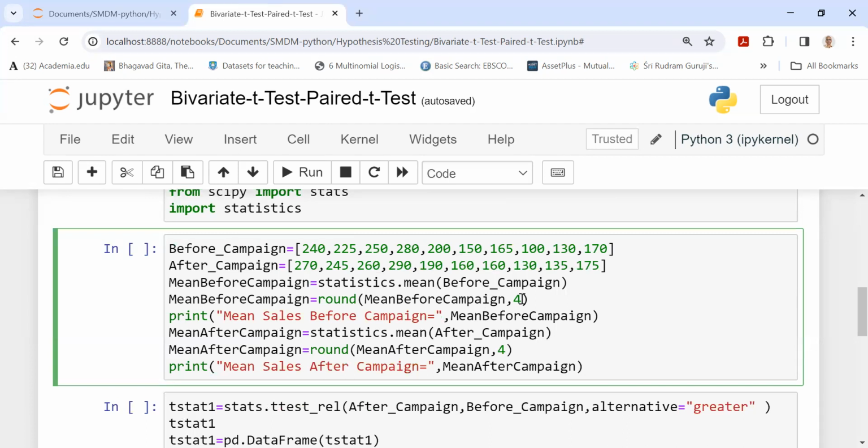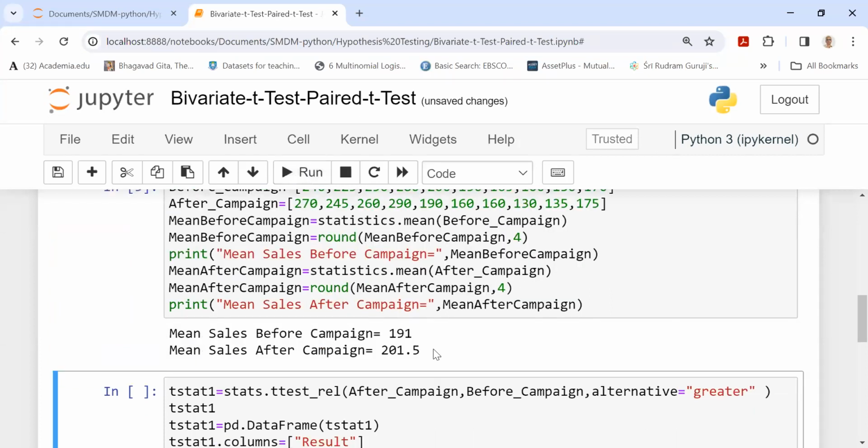Then I'm rounding the mean before campaign to 4 decimal places for readability. Then I'm printing the mean sales before campaign. Similarly, I do mean after campaign, statistics.mean after_campaign. And I round the mean after campaign to 4 decimal places, and I'm printing the same. Let me execute this now.